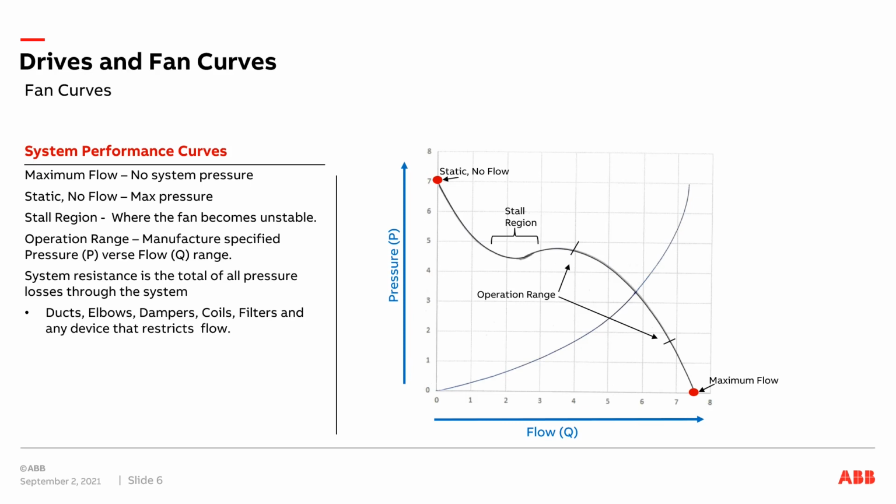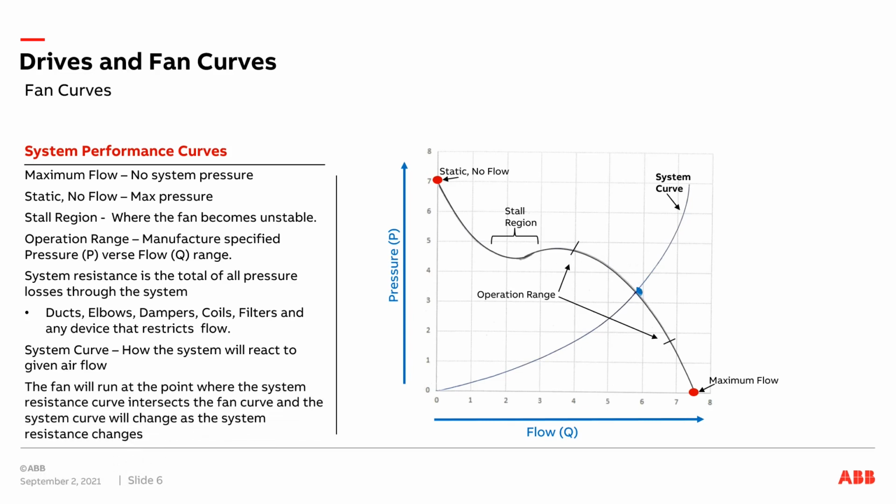Ducts, elbows, dampers, coils, filters, and any other device that restricts flow is added up to create the system resistance. System curves show how the system will react to a given airflow. The fan will run at a point where the system resistance curve intersects the fan curve, and the system curve will change as the system resistance changes.